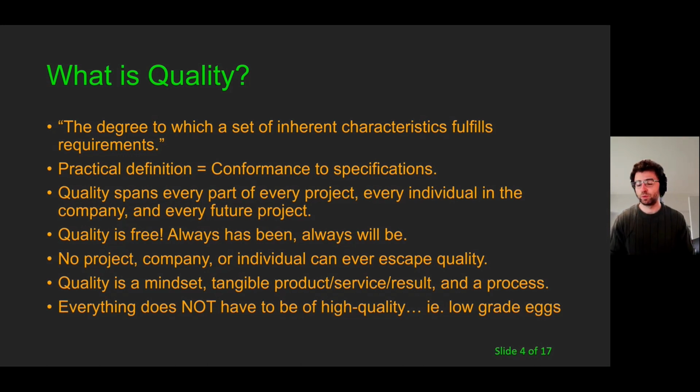And even more importantly, not everything has to be of high quality. For example, the eggs we frequently purchase at the grocery store, there are some higher grade eggs, but there are also lower grade eggs that people can buy, oftentimes for a lower cost.